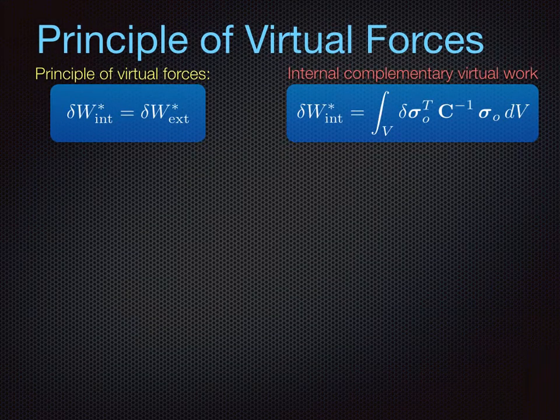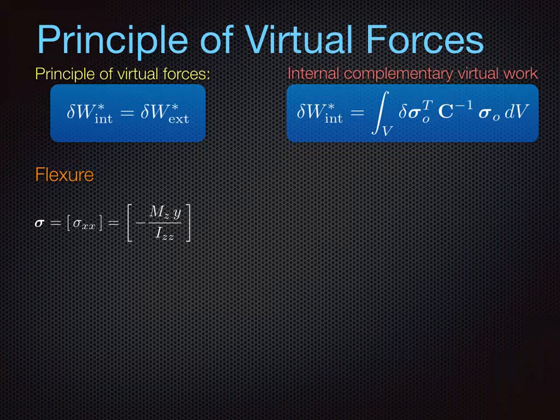Of course, to complete the task, we would still have to examine the equation that we see here on the right-hand side in the blue box, with which we can compute the internal complementary virtual work. So how does that integral work, for example, when we have flexural loads? For that, we need to figure out what sigma components we would have. We would, of course, have only one sigma component that would do any internal complementary virtual work.